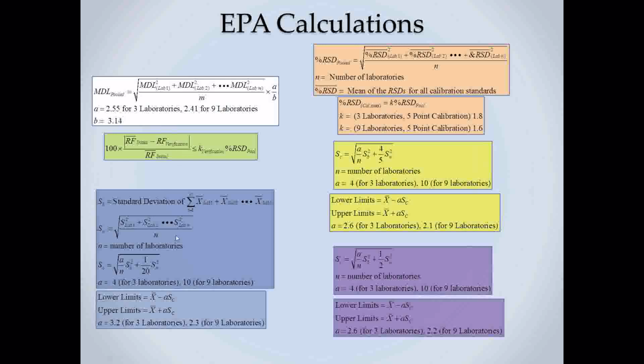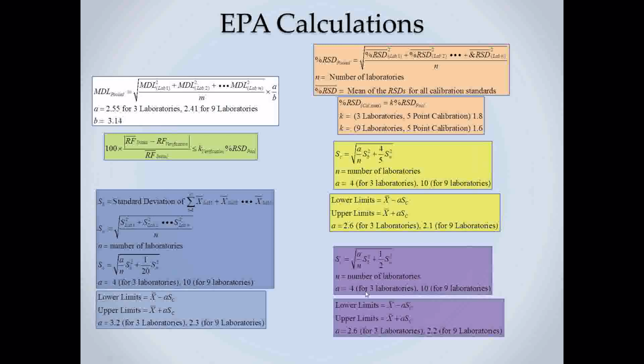We used initial precision and recovery, including what is acceptable upper and lower limits. We used ongoing precision and recovery, here in yellow, including what is the acceptable upper and lower limits. And we used the matrix spike and matrix spike duplicate acceptable recoveries calculated out.